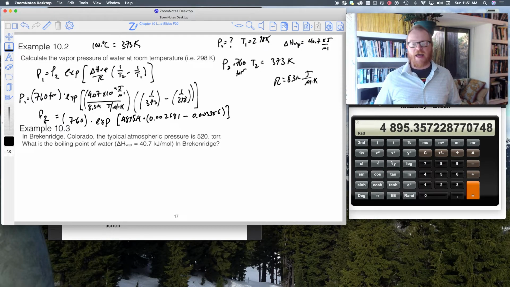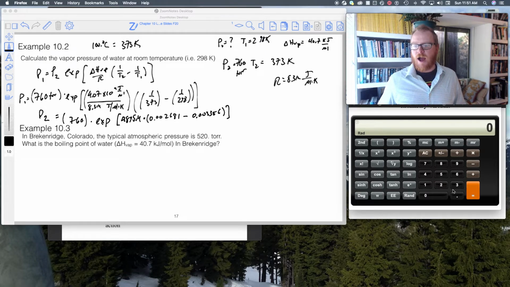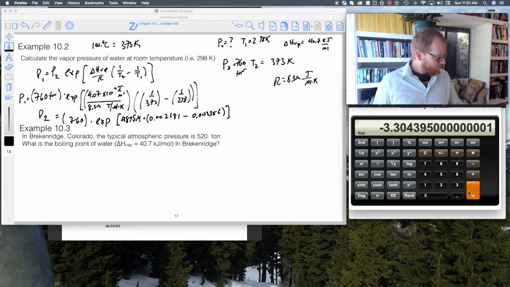So now let's do all of that stuff. 0.002681 minus 0.003356 equals, so it's a negative, that's part of where you get that negative slope, times 4895.4 equals, okay, great.